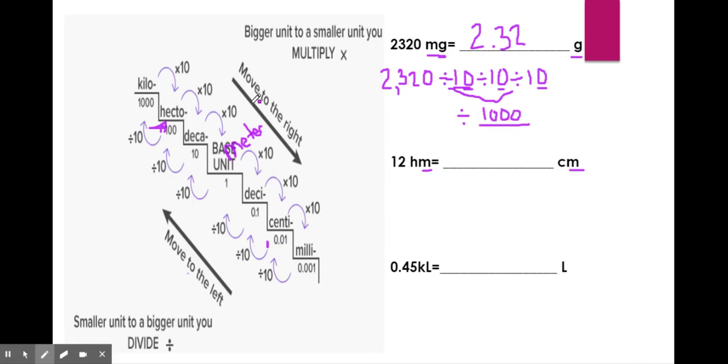We're moving to the right, which means we're going to multiply. We are moving from a larger unit to a smaller unit. Now let's see how many tens we're going to be multiplying by. 1, 2, 3, 4, because that's going to bring us to centi. So we need 4 tens.